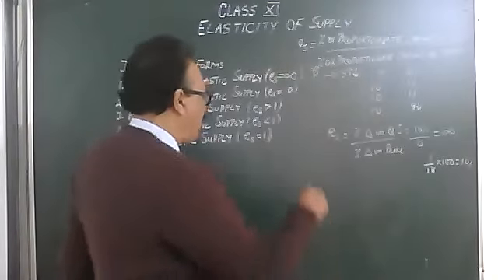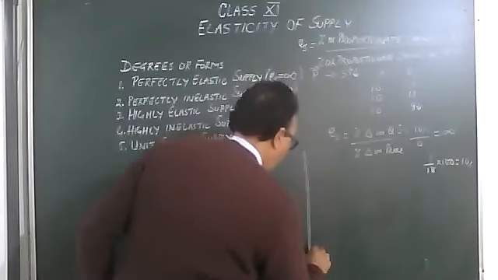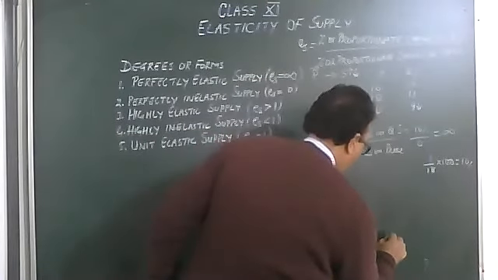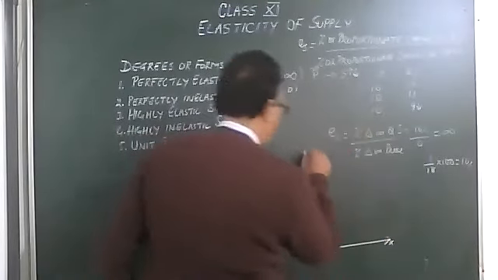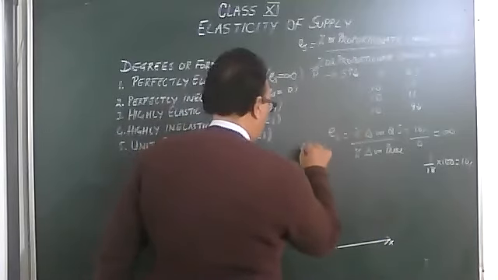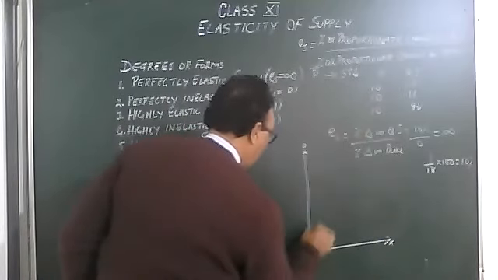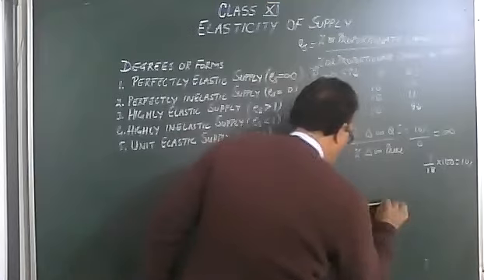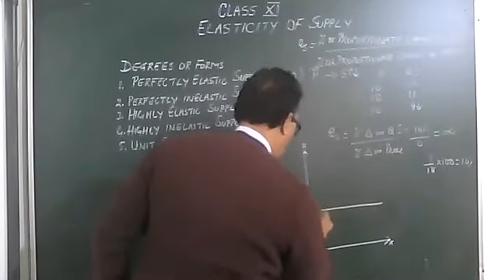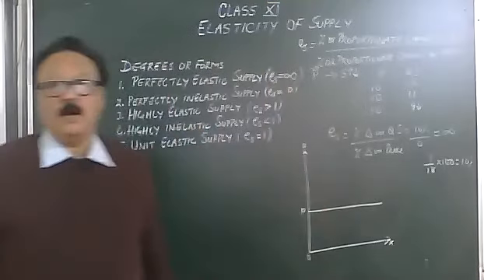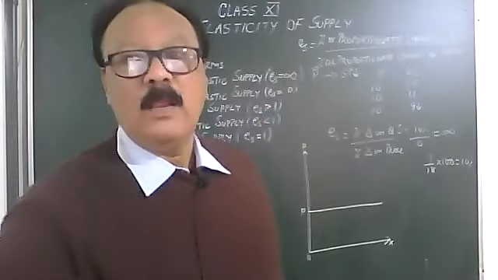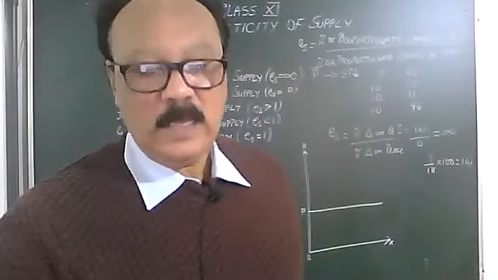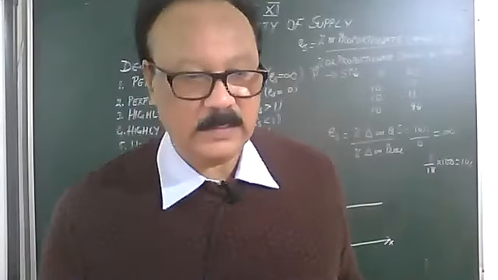When we draw the diagram, price being whatever it is, you will always get a horizontal line parallel to the x-axis.